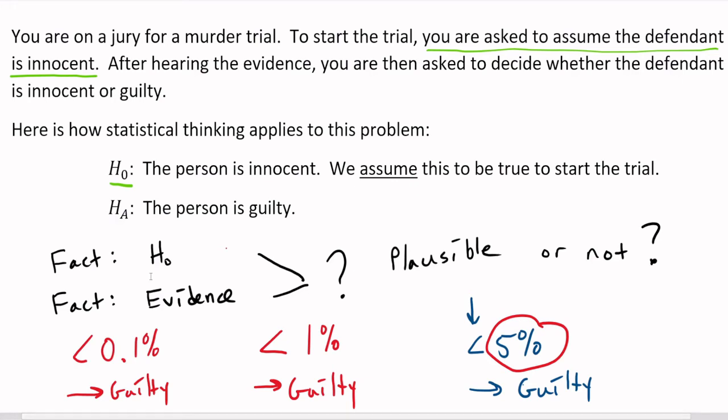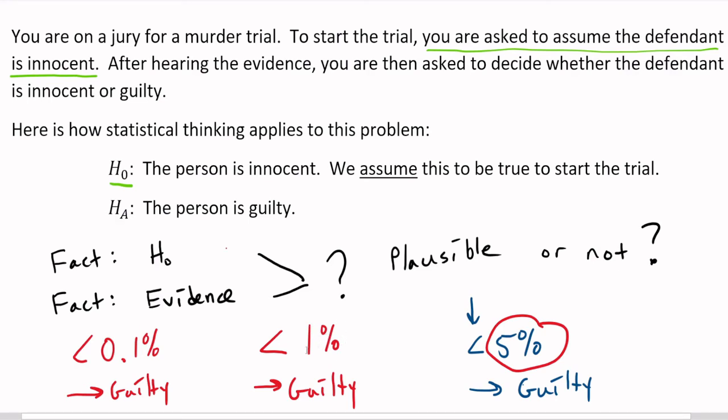So if any jury trial hits this cutoff of 5%, and you're like, yeah, of course they could be innocent, I can't be 100% sure, but the chance of them being innocent with this evidence is, to me, less than 5%. So guilty. And you would expect everyone else on that jury to also snap their fingers guilty at that point. You've got to be comfortable with that if that's your cutoff. If you think that, wait, 5%, that's too high, then you've got to go down to 1%, and then you got to think about that.